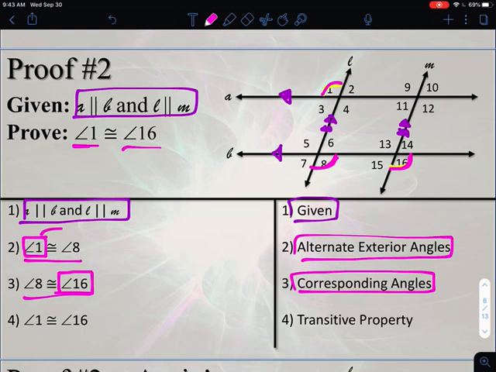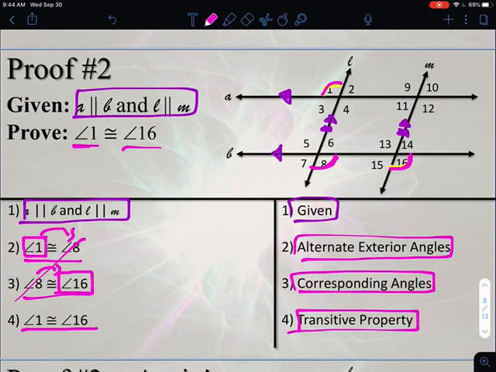Now if I look at what happened here, I went from angle 1 to angle 8, and then from angle 8 to angle 16. So if I follow that path, 1 to 8, 8 to 16, I can go straight from 1 to 16 using that transitive property, that middleman. I'm just eliminating the repeated angle 8. 1 and 16 have to be the same by transitive.